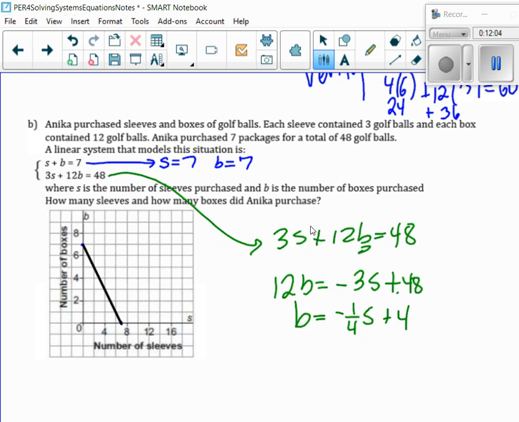4 goes on here. But watch, if my scale is down 1 over 4, make sure I'm actually going down 1 over 4. Down 1 over 4 is actually down 1 over 2 squares, right? Does everybody see that? Hey, there's my intersection. Isn't that kind of convenient?